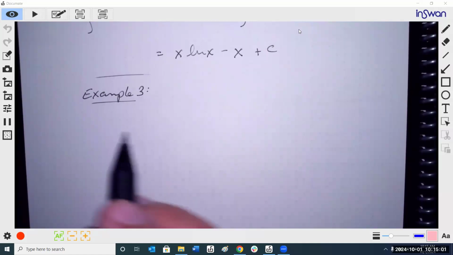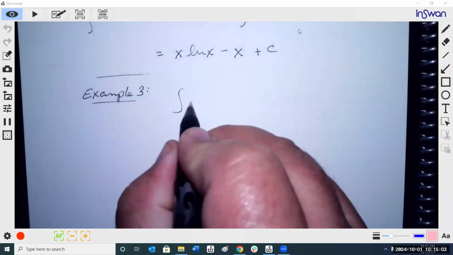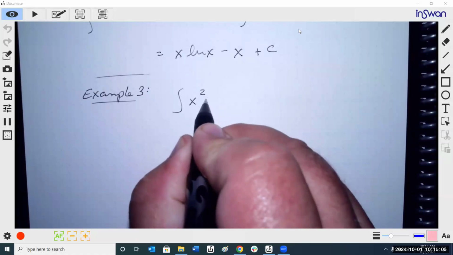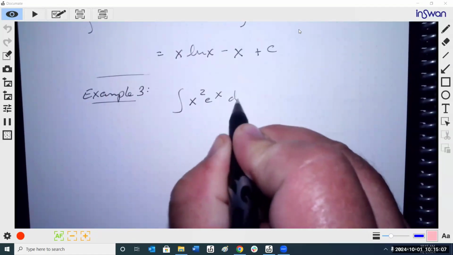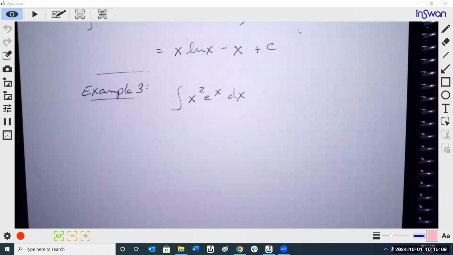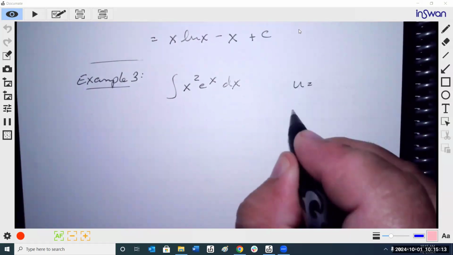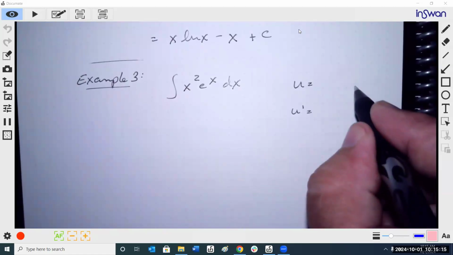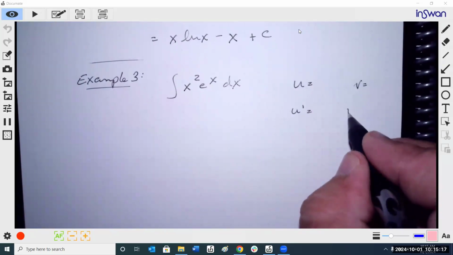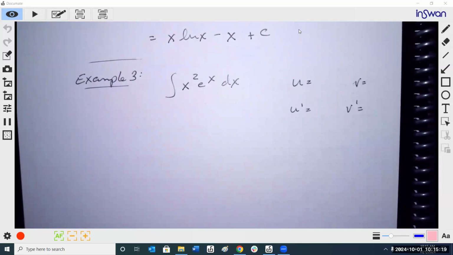Okay, so let's look at this integral of x squared e to the x dx.